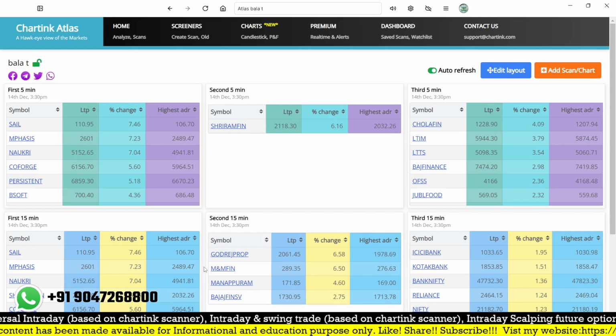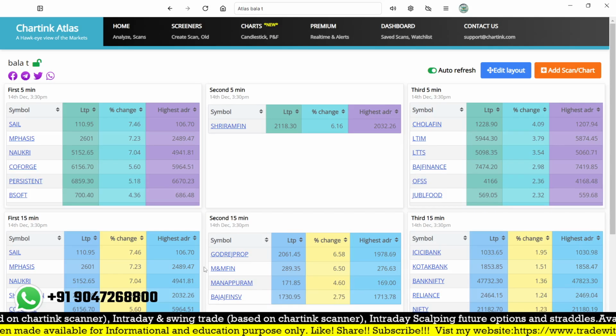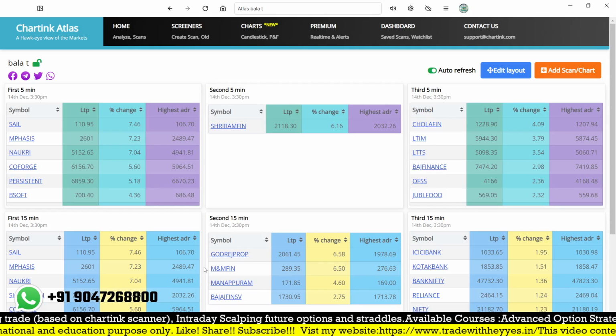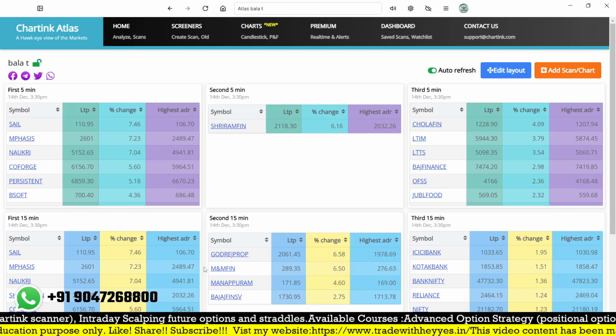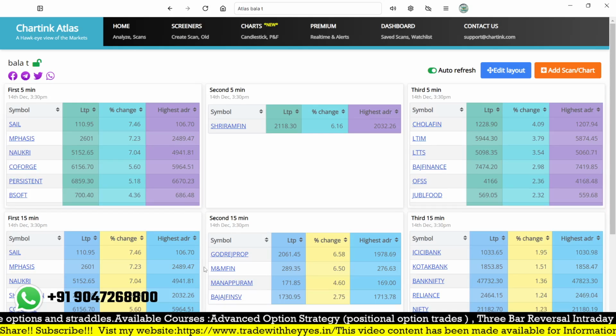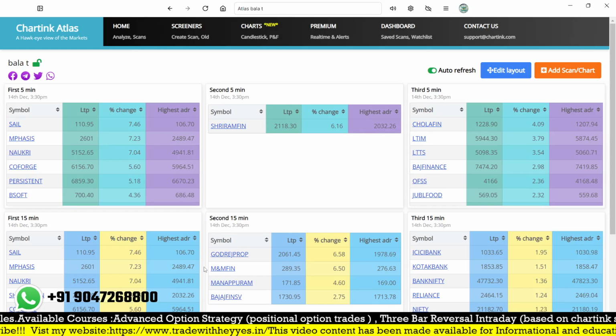There are 70 plus scanners available. If you want, you can join and access all my premium scanners for a lifetime. This kind of scanner and dashboard is also available in that group.